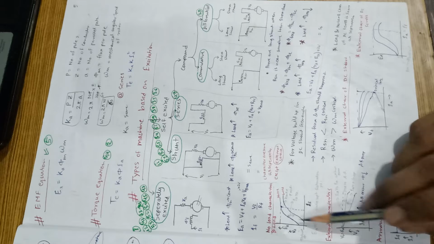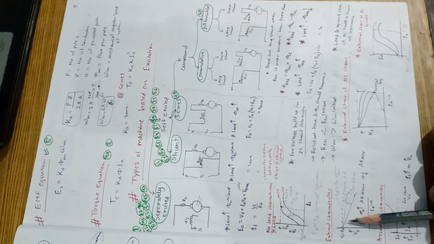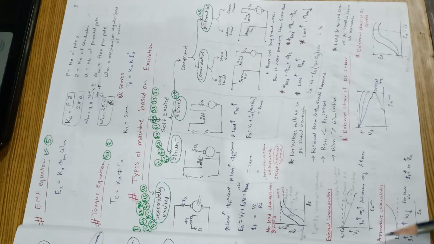When we talk about the external characteristic, that is terminal voltage versus IA, as we increase IA, phi A will increase and armature reaction will also increase. Due to the increase in armature reaction, overall phi will decrease, giving the armature reaction drop.